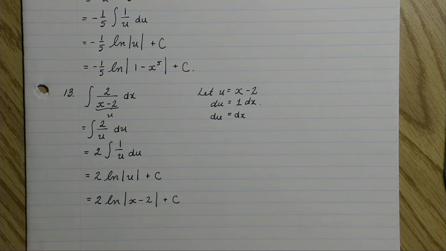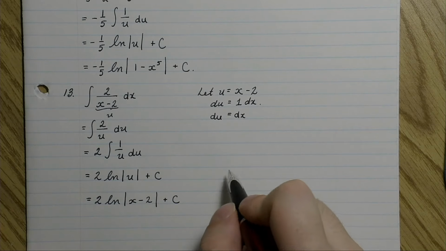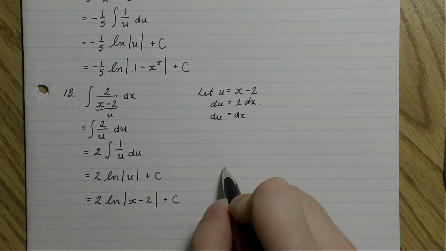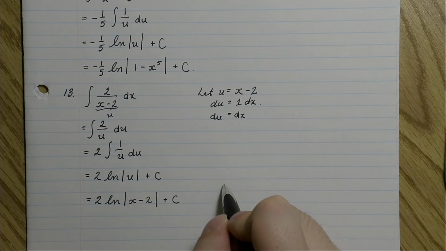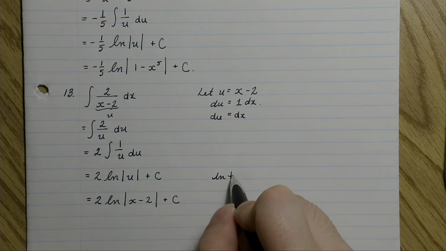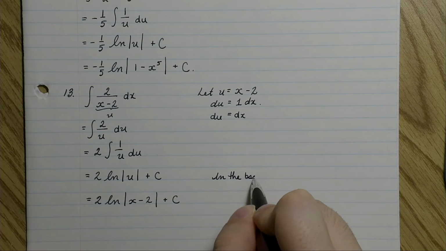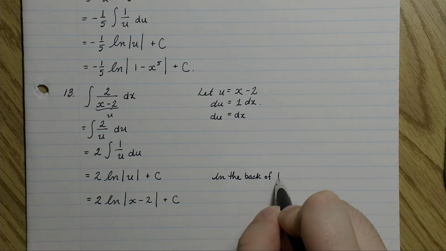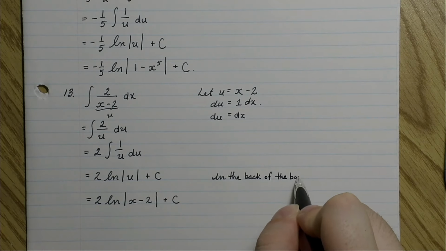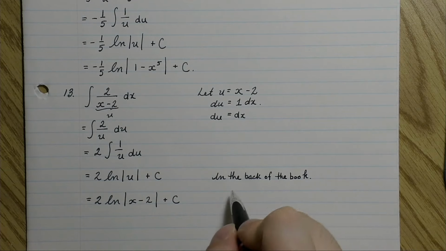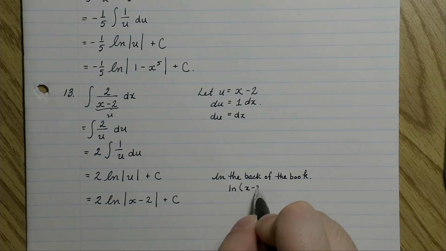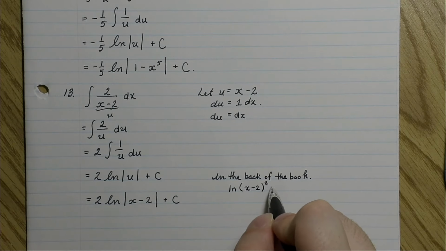Now in the book, what they have is ln of x minus 2, squared, plus c.